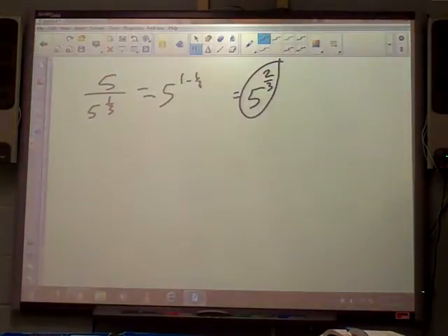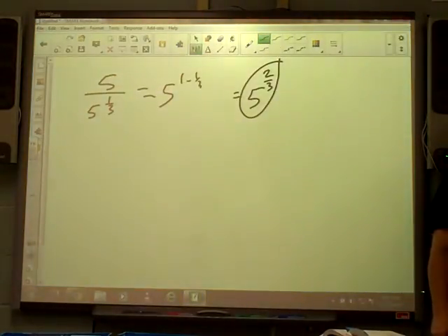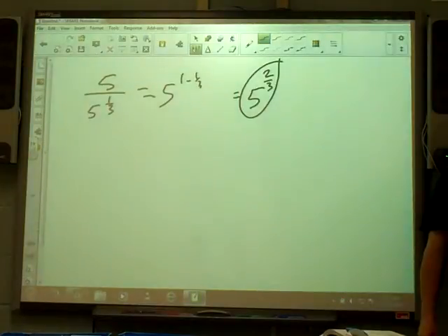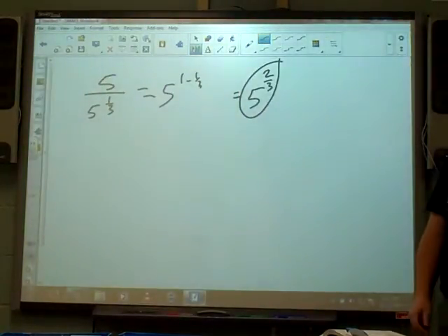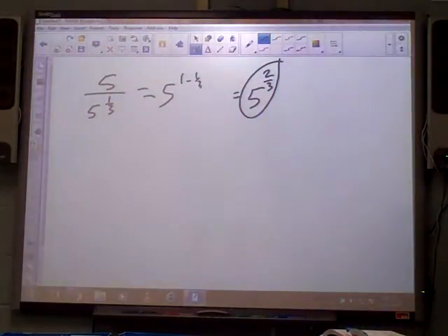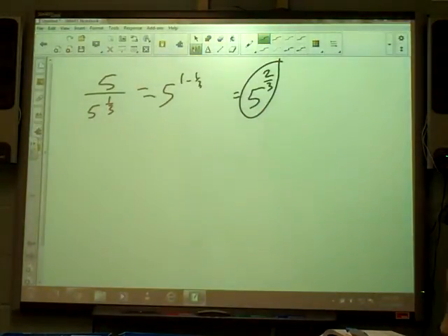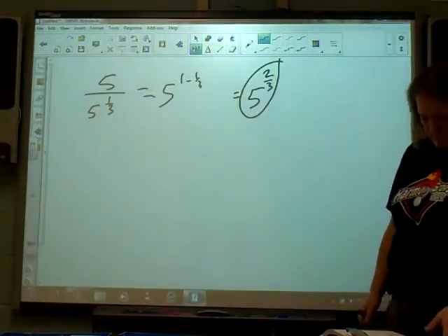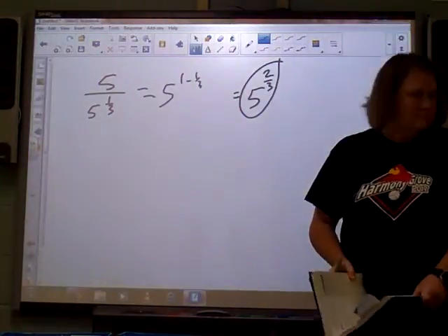That was the quotient rule. Quotient of powers. I'm marking them down so you know where an example is. So I have a mark 1, 2, for professor, and I'm just putting a number.